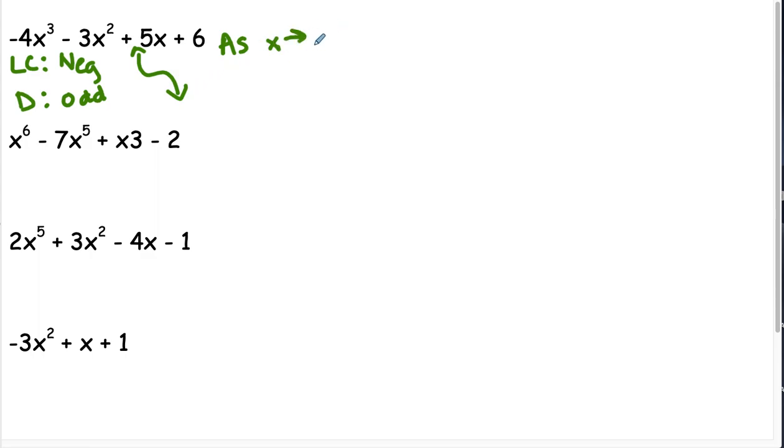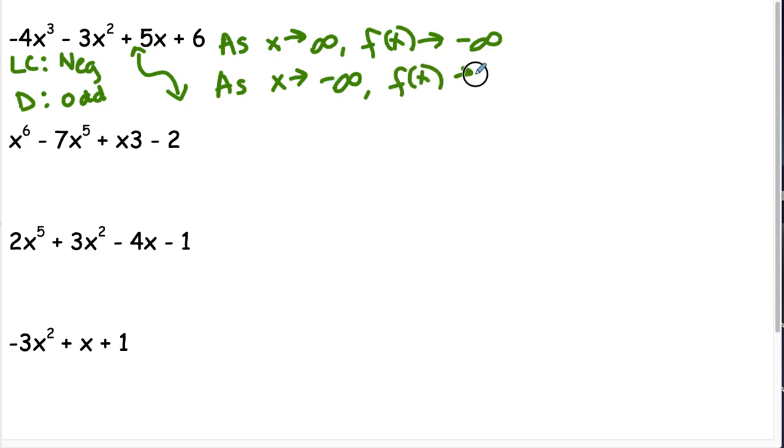So as x approaches positive infinity, f of x, so again, this is the right side, f of x is decreasing, so we want to say that's going to negative infinity. As x goes to negative infinity, the left side of the graph, f of x is approaching positive infinity, meaning that it is increasing on the left side.